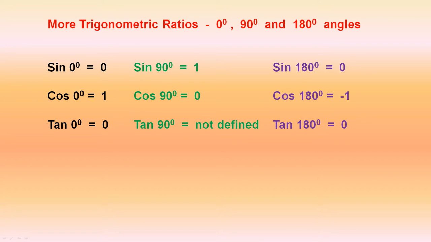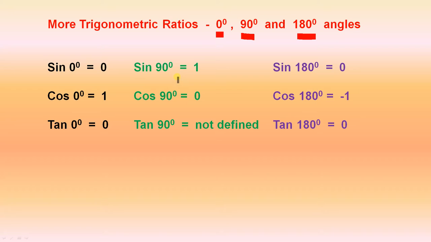Now some more trigonometric ratios. These are reasonably special, these ones. 0, 90 and 180. And here are the answers for each of them. Sine 0 degrees is 0, cos 0 degrees is 1, and the tan of 0 degrees is 0.